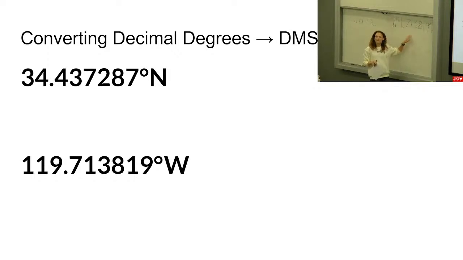We're trying to convert the decimal into minutes and seconds. So we leave that front number alone. It stays what it is for the final answer. So it's going to be 119 degrees, we know that. Now we're trying to find the minutes. So we're going to take the decimal degree here, and we're going to multiply by 60 to convert it into minutes for our answer.